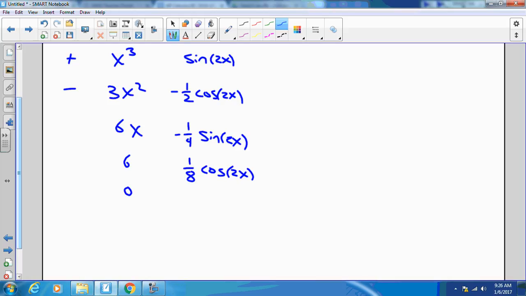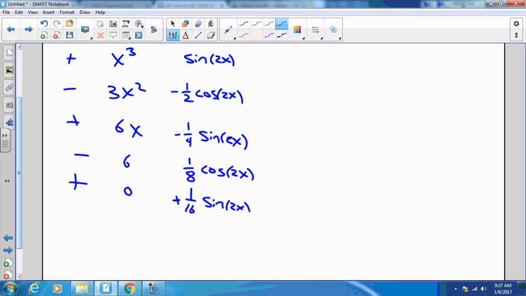Negative 1/16 sine 2x. Check. Take a derivative. No, it's positive, because it's antiderivative. Okay, there you go.